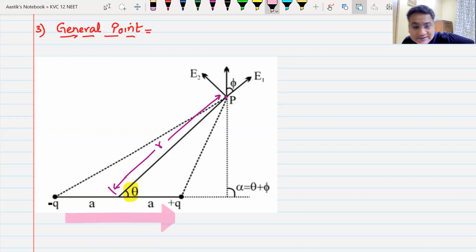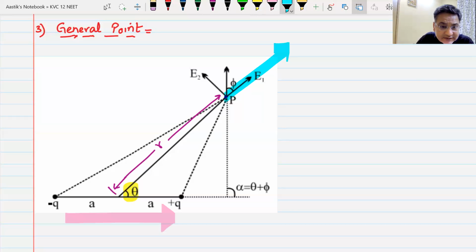The electric field created by this dipole will have two components. One component like this, you can call it the radial component because it is along R.